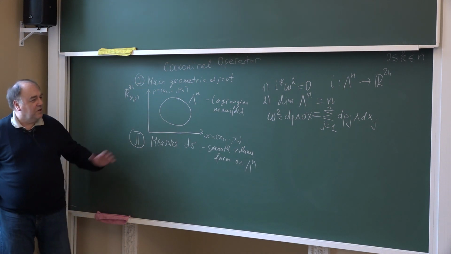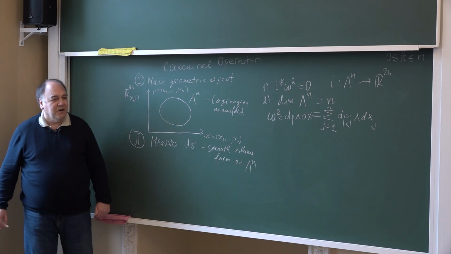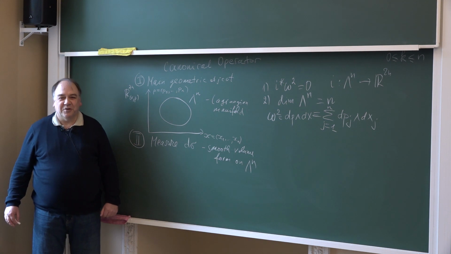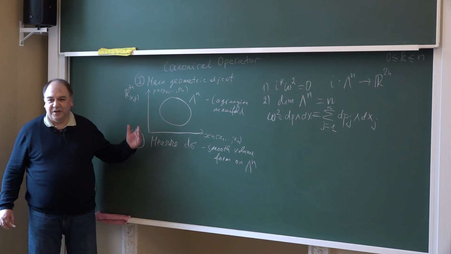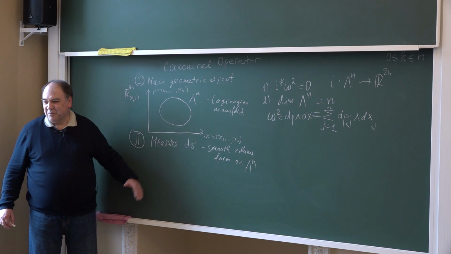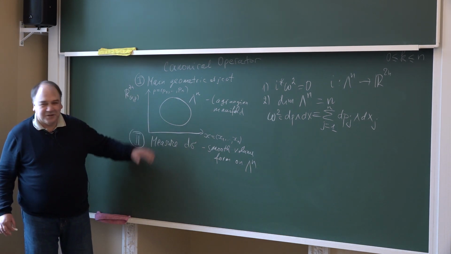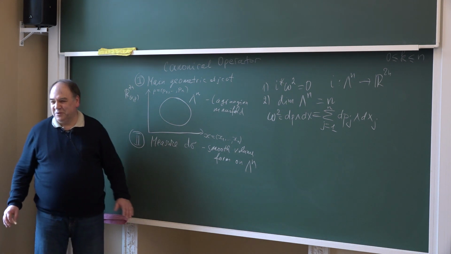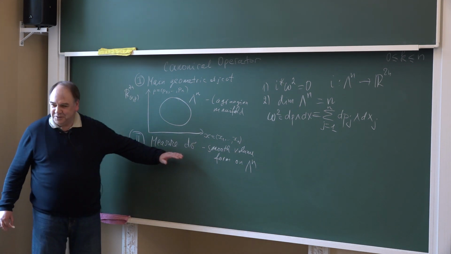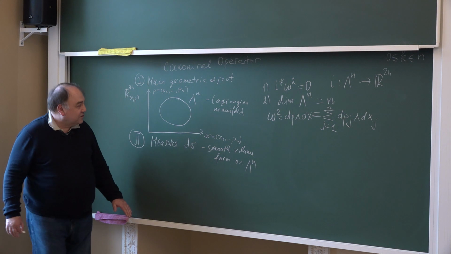Of course, there are some subtle questions, such as what one does when Λ^n is not orientable. Then one takes an odd form, but I will not go into detail. So let's assume that Λ^n is as good as possible, in particular orientable, so there exists a volume form on it.